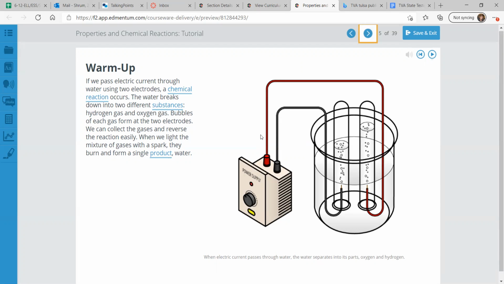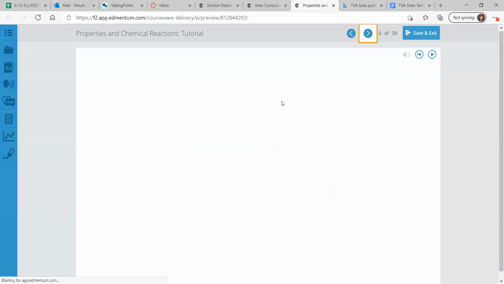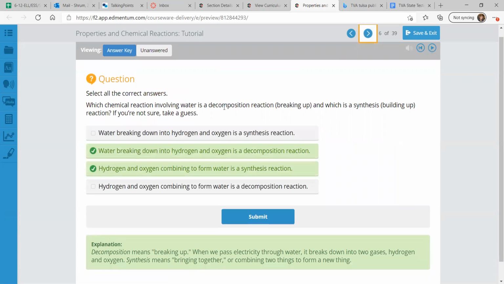Bubbles of each gas form at the two electrodes, and we can collect the gases and reverse the reaction easily. When we light the mixture of gases with a spark, they burn and form a single product, water. So you can pass electric current through water and separate it into the individual components.